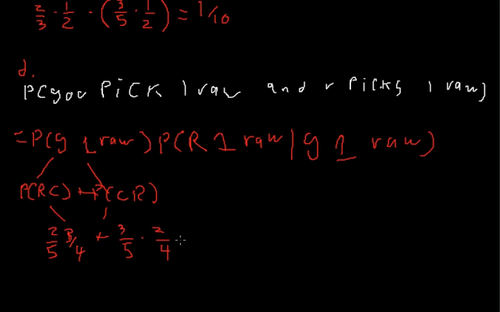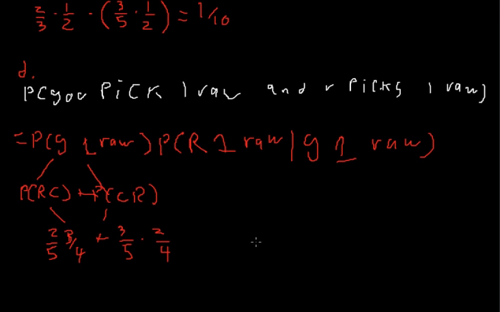And then the probability of this next guy, well, there we're actually drawing from a box of raw, cooked, right, because you picked the raw, and so this is what's left.